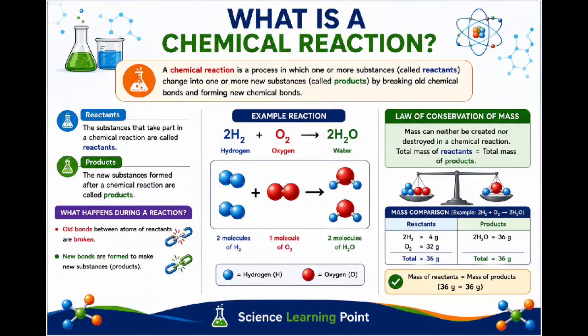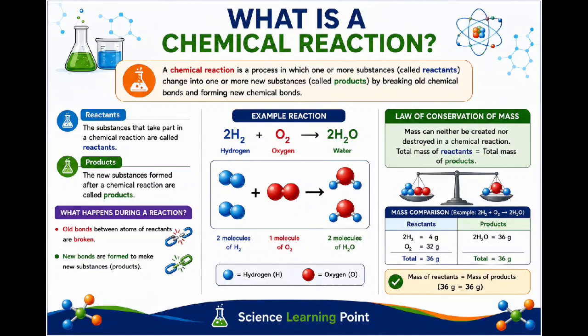Let's look at a simple example. Hydrogen gas reacts with oxygen gas to form water. The chemical equation is 2H2 + O2 → 2H2O. Here, hydrogen and oxygen are reactants and water is the product.